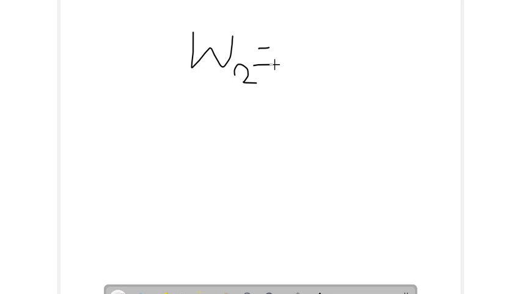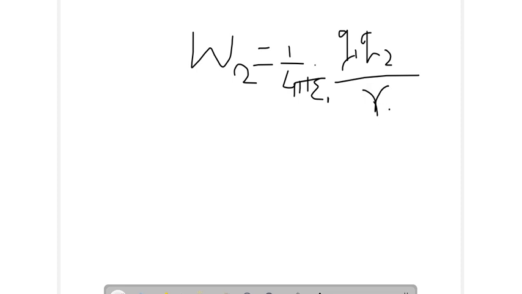Then W2 becomes 1 divided by 4 pi epsilon naught into Q1 into Q2 divided by R12. This is equation number 1.